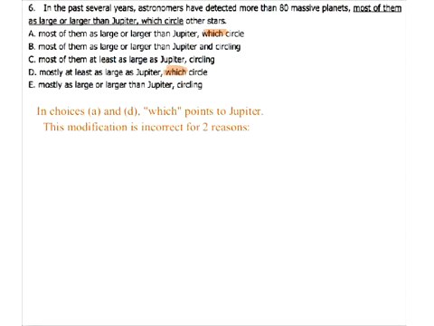Let's see if we can get the other one. One reason this modification is incorrect is because of subject verb disagreement. Jupiter is singular. Correct. Jupiter is singular, but the verb circle is plural.